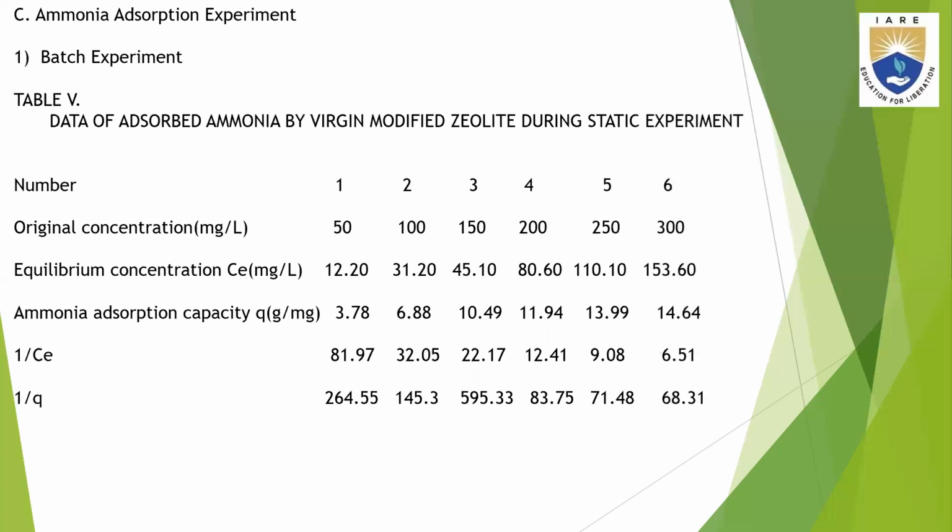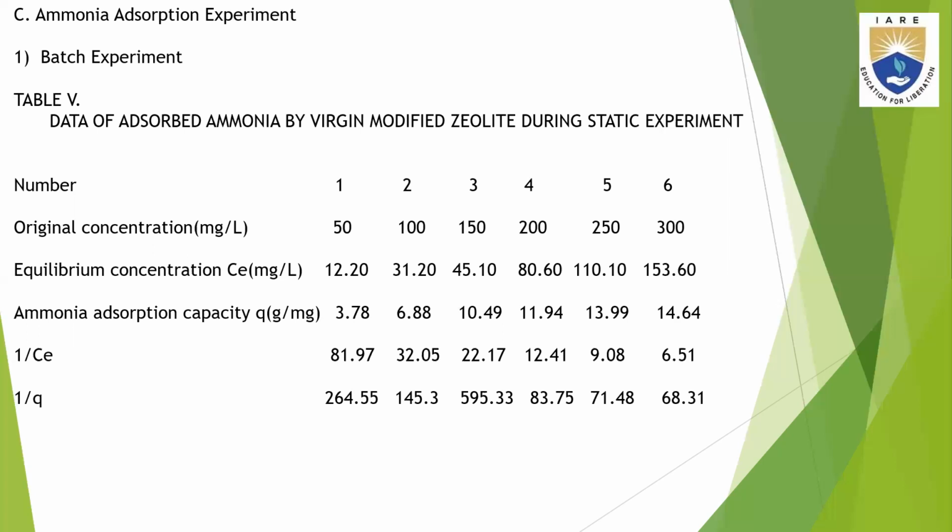The ammonia adsorption experiment, batch experiment. Table 5: data of ammonia adsorbed by virgin modified zeolite during the static experiment. Original concentration: 1) 100, 2) 150, 3) 200, 4) 250, 5) 300. Equilibrium concentration C: 12.20, 31.20, 45.10, 80.60, 110.10, 153.60.